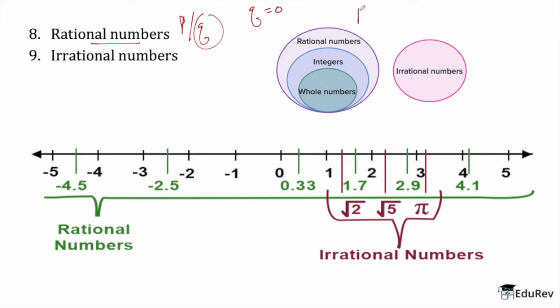Why? Because if q equals 0, then this is p divided by 0, which cannot be determined and cannot exist. Therefore, a rational number is of the form p by q, where q cannot be equal to 0.